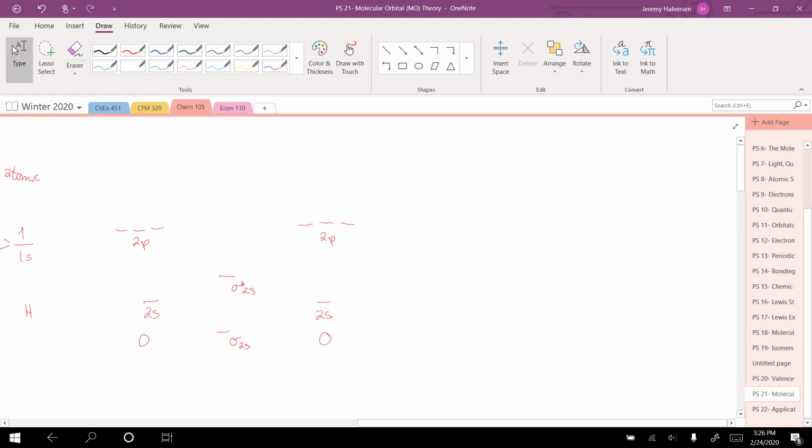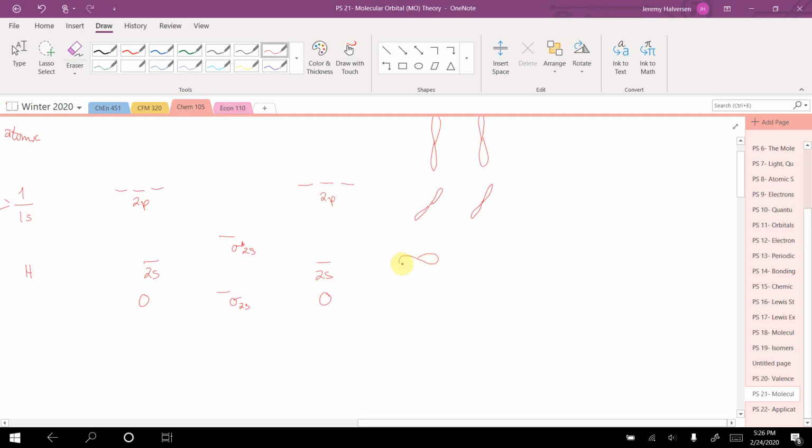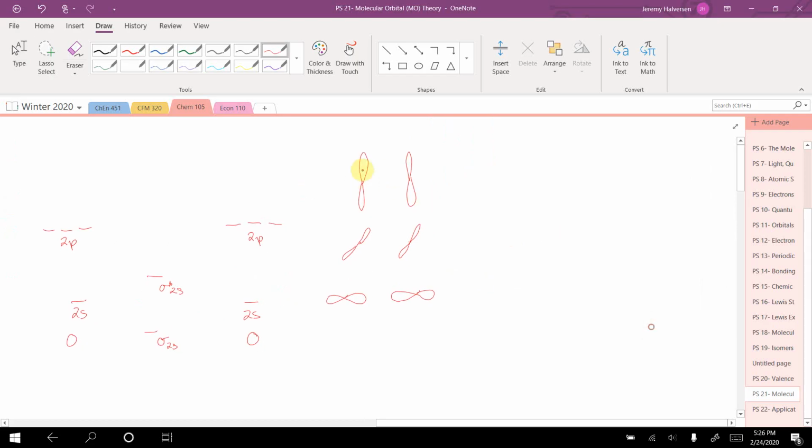Let's see what they would make. Well, we have a p like this for each atom. We have a p into the board for each atom, and we have a horizontal p for each atom. So when these two come and combine, let me draw.